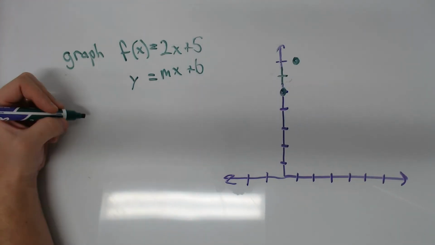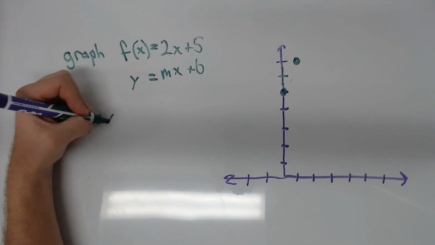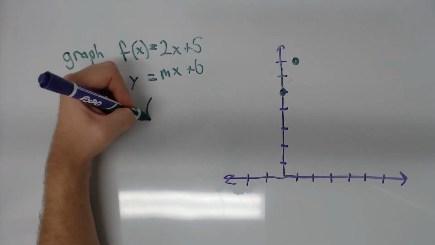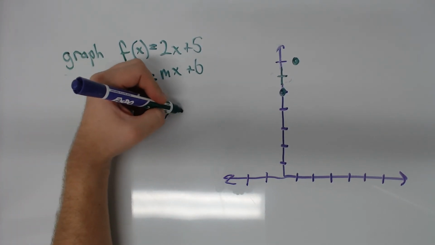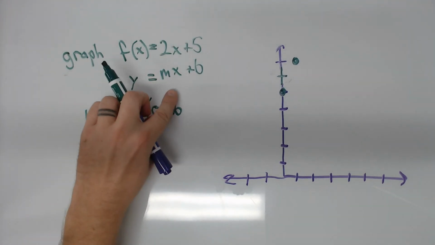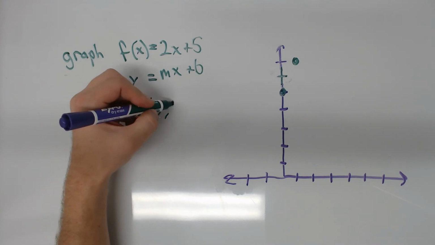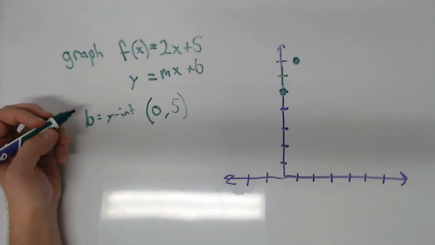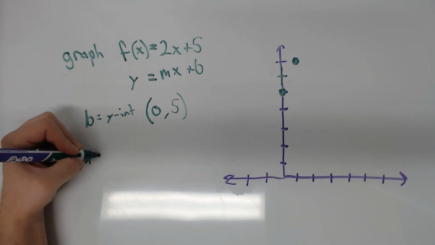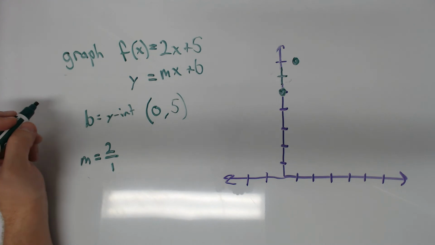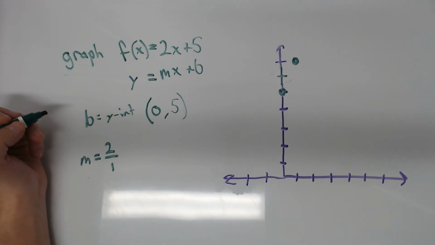B represents the y-intercept. So what you do is you write a point, 0, comma, b. Now for us, we have plus 5, so b is a positive 5. Hey, look, the point 0, comma 5. For me, my m is 2 over 1. You can turn any whole number into a fraction by sticking a 1 under it.